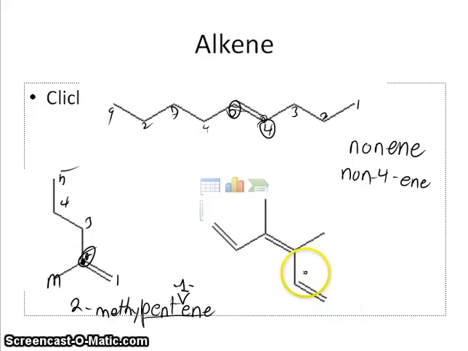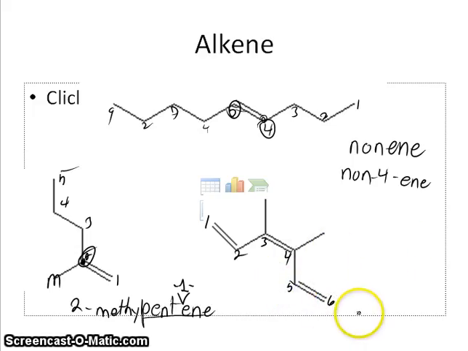Now, next one over here, you have multiple options. Just by looking at it, you know you'll want to give double bonds the lowest number, but you have 2. You can start here or you can start here. Now, I'm pretty sure it doesn't really matter where you start, so long as you give at least one of them the lowest. So let's just start over here. 1, 2, 3, 4, 5, 6.